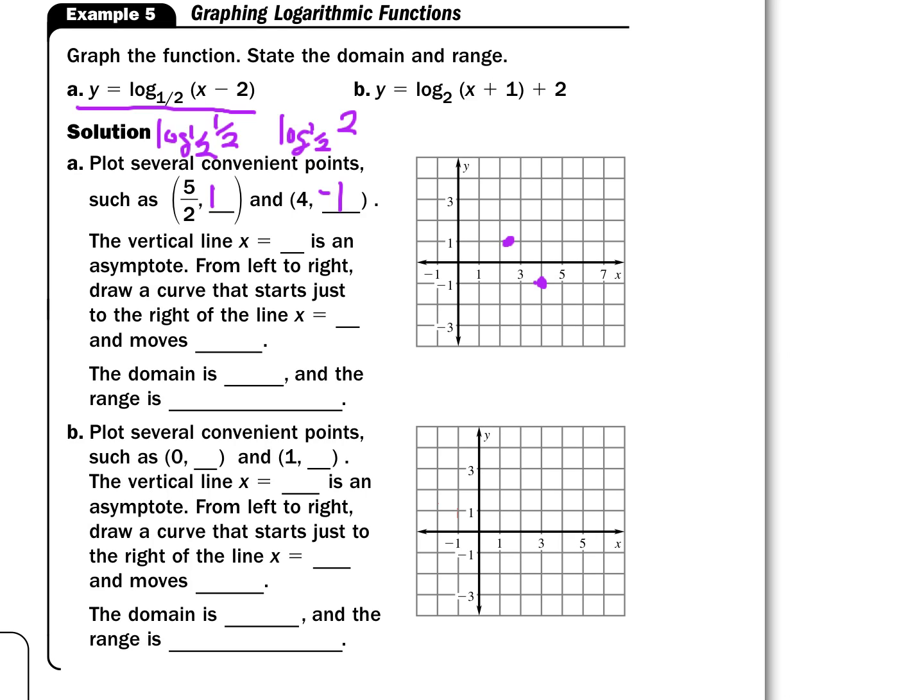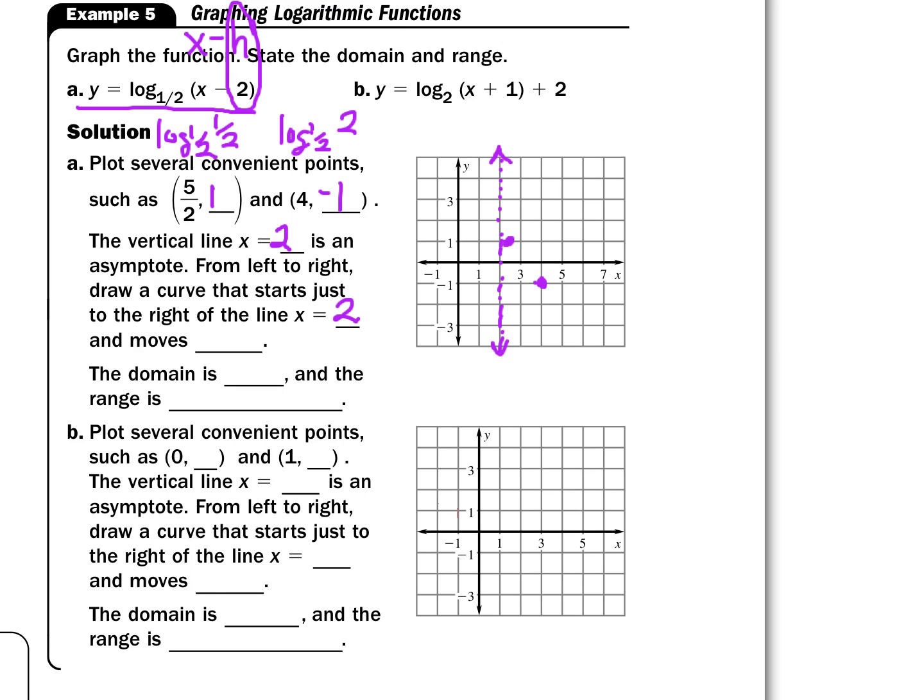Okay. I have a vertical line x equals h, so remember this is in the form x minus h, so that means that my h must be equal to 2. So x equals 2 is my vertical asymptote, so I have a vertical asymptote here at x equals 2. Okay, so my curve starts just to the right of the line x equals 2.